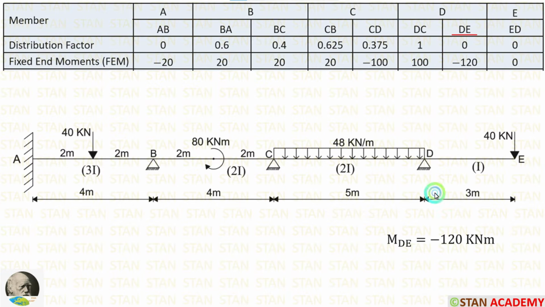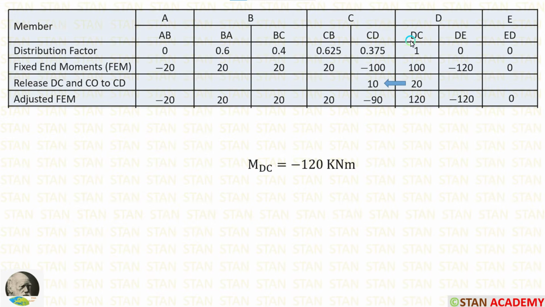For DE, we have already calculated the final moment MDE. Let us enter that also. We also calculated the final moment for DC, MDC, which is equal to minus 120 kilonewton meter. So we have to make DC 120.